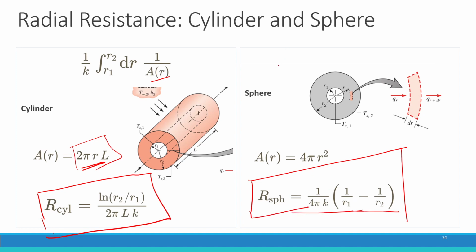For cylinder, the resistance will be ln of R2 upon R1 upon 2 pi Lk, where R2 is the radius of the outer cylinder and R1 is the inner radius of the cylinder. Similarly for sphere, the resistance is 1 upon 4 pi K into the product of radius R1 inverse minus R2 inverse. For other geometry, you need to derive, they are not that straightforward.